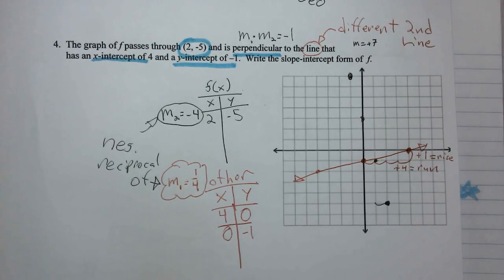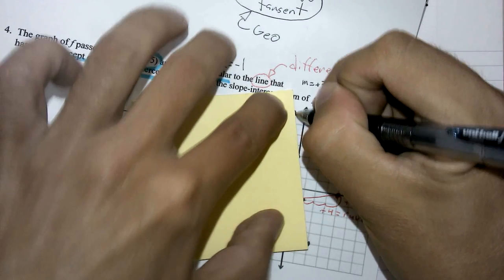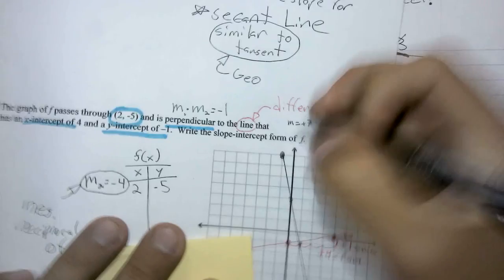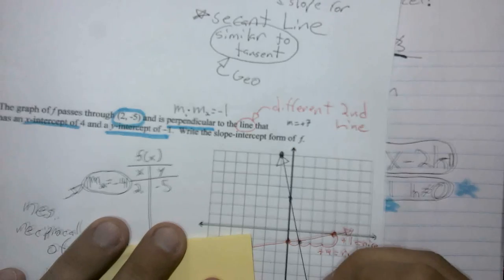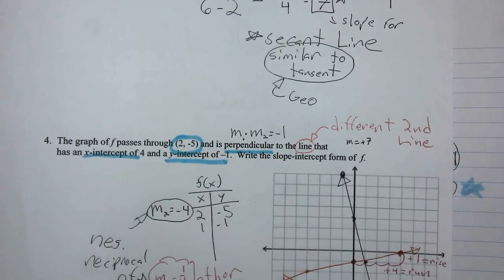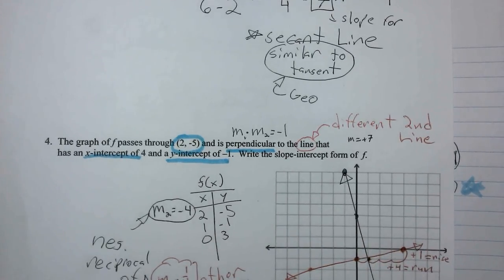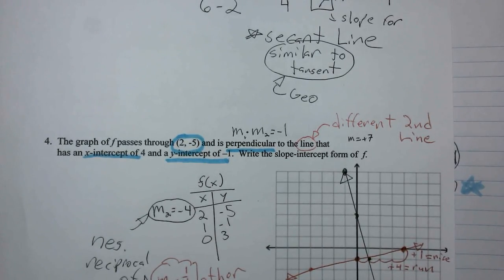So notice I'm color coordinating accordingly. For f of x, I'm using black. For the other line, I'm using red. Just to fill in some other points on this, we would have (1, -1). We would also have (0, 3). And I think that'll be good.